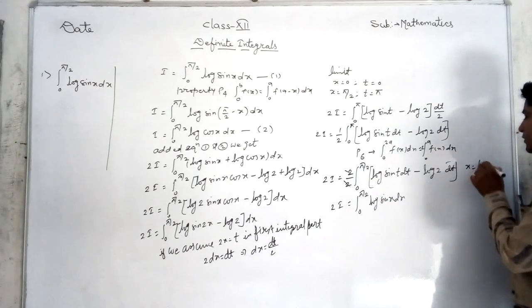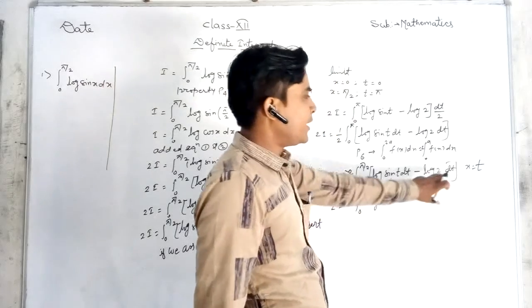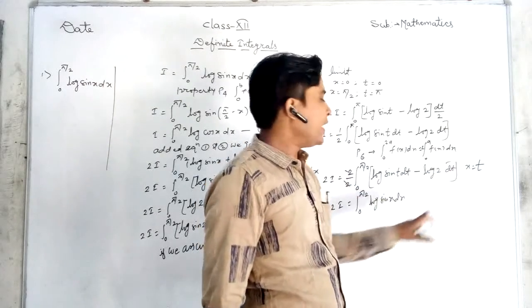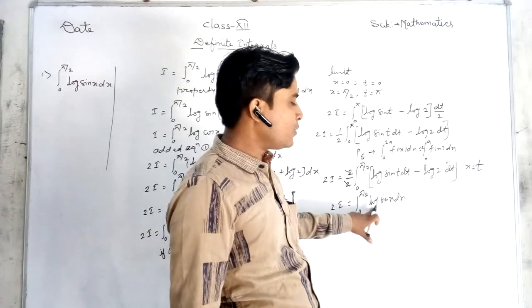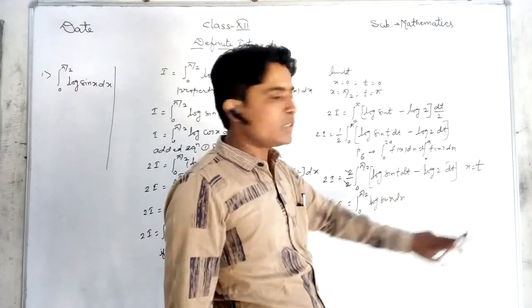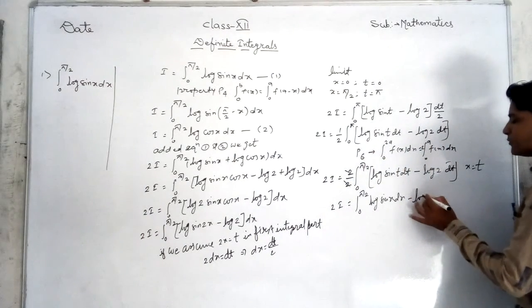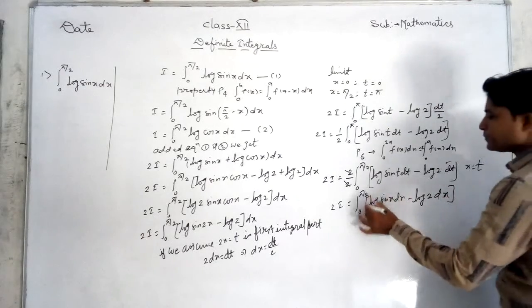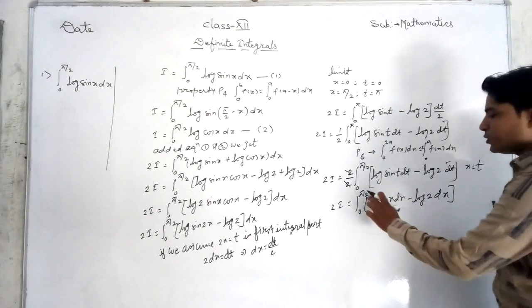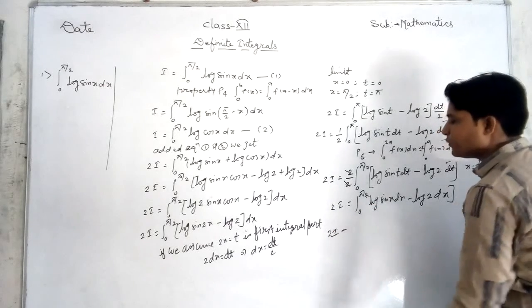So from equation number first, we clearly see the integral of log sin x dx equals I. So we put it here as I minus the integral from 0 to pi by 2 of log 2 dx. Log 2 is a constant, so it comes outside the integration.